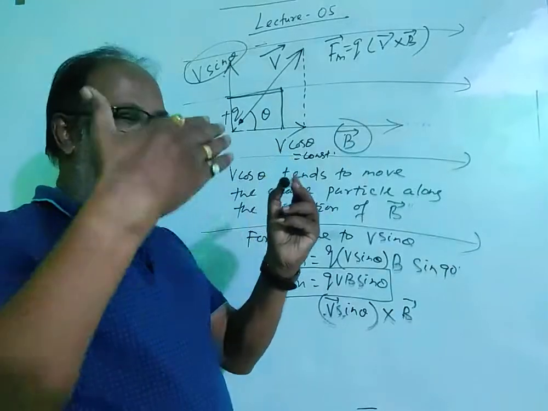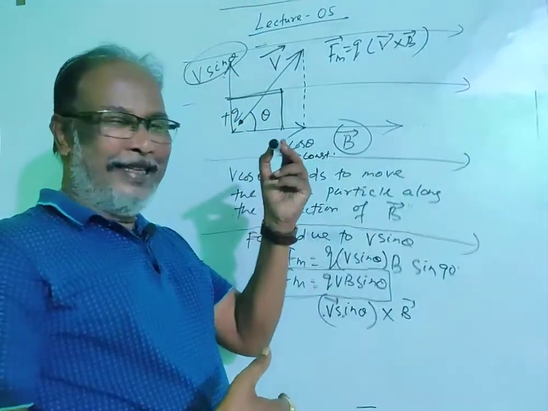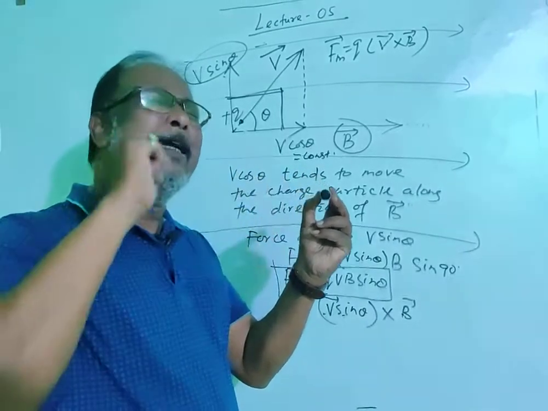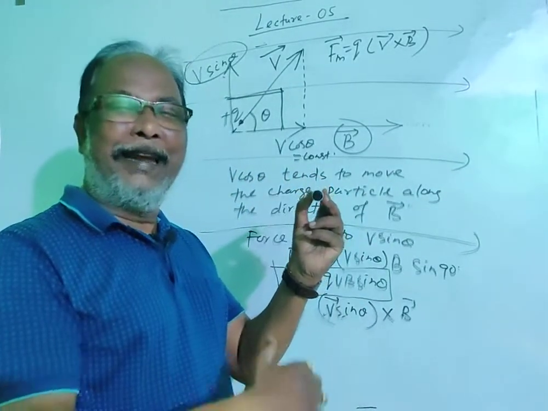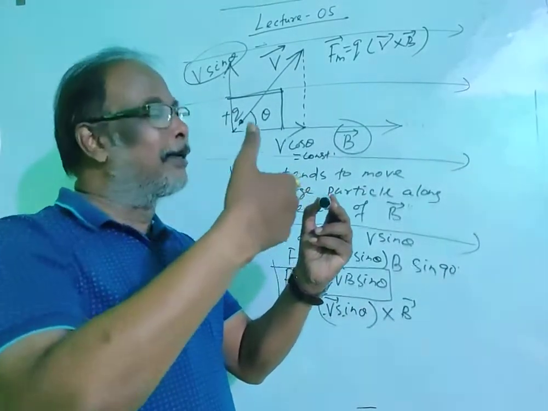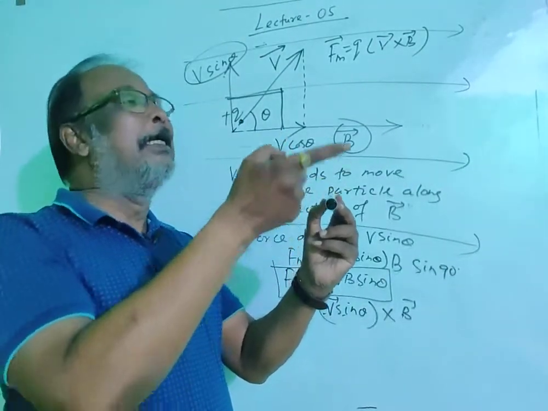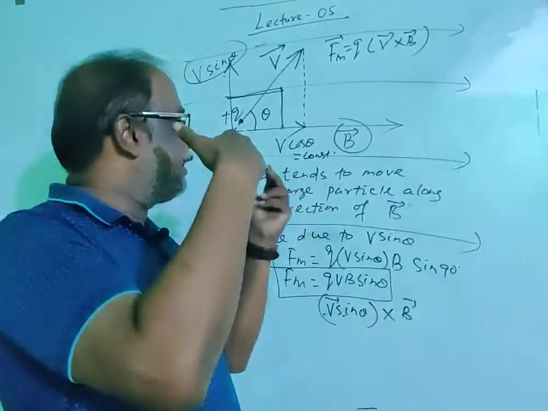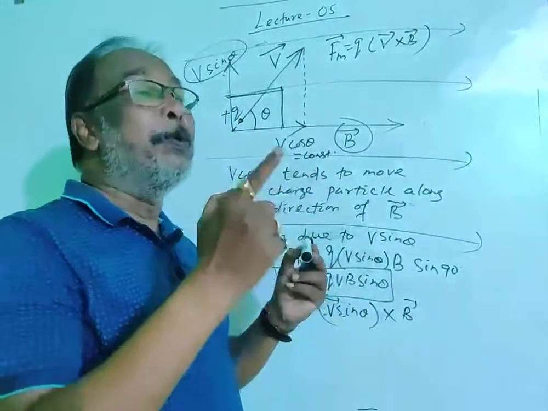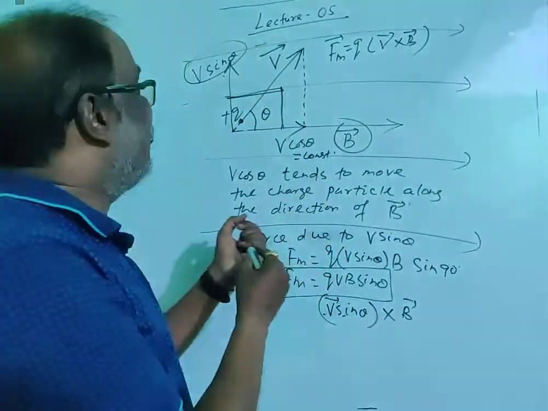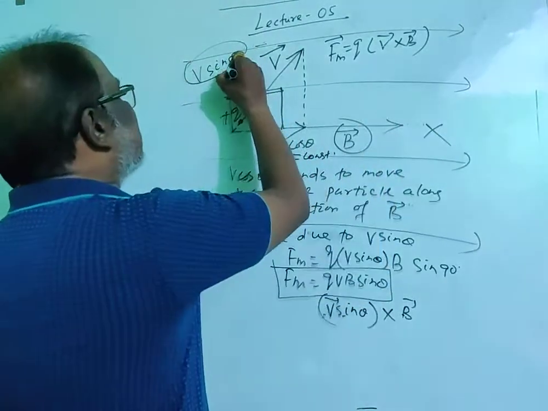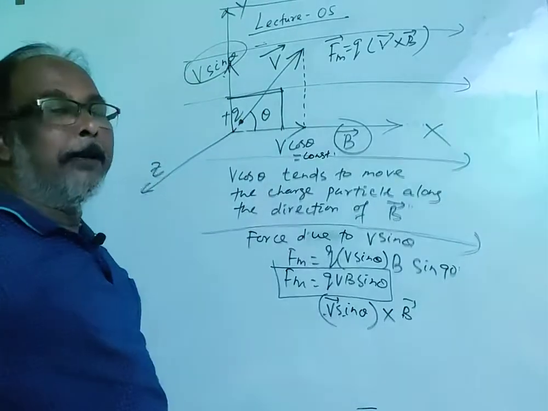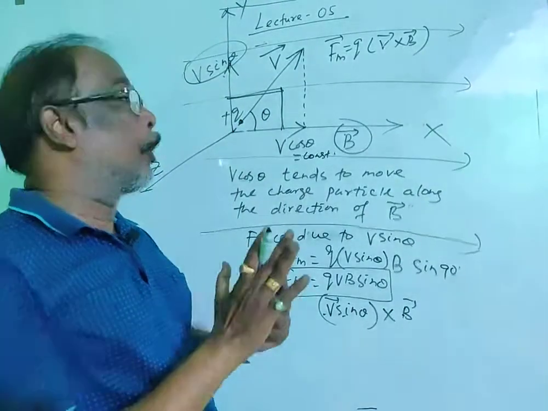This force is in the inward direction, so this will provide the necessary centripetal force, but centripetal force is directed along the radius towards the center, so this force is directed towards the center. Obviously, this force is along the z-axis, we may say along the negative z-axis. So if this is the x-axis, this is the y-axis, and this is the positive z-axis, then the circular path will be like this.